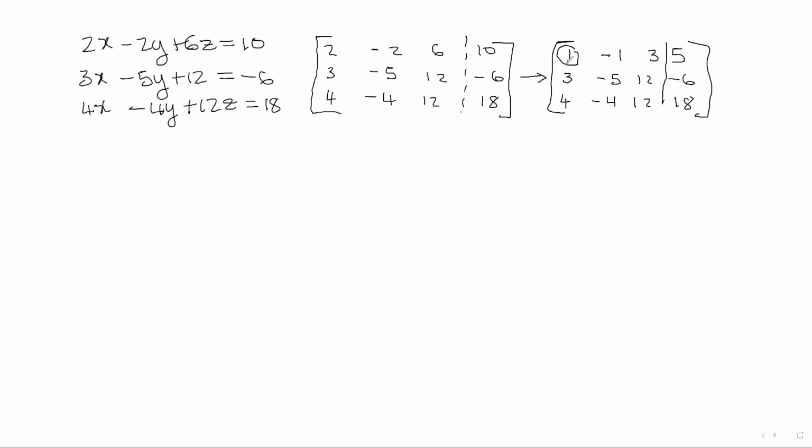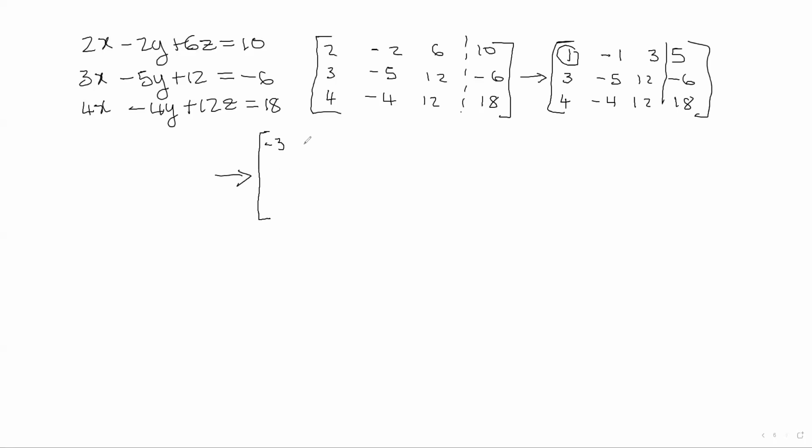So we want the numbers below that one to be 0. So what are we going to do? We're going to say negative. You see this number, take this number, you put a negative, multiply the first row. You normally do it inside your head, but let me just do it here.